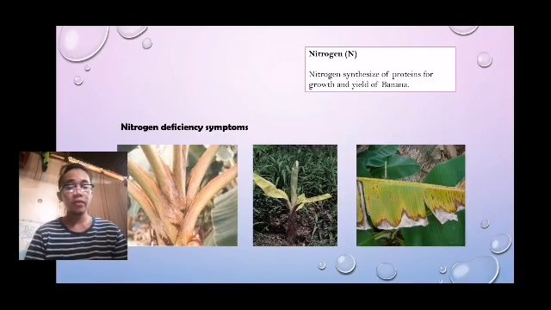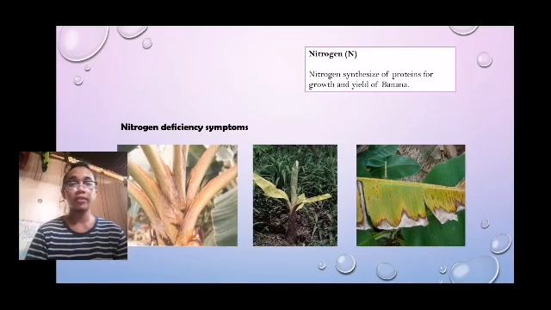So nitrogen is one of the primary nutrients absorbed by banana roots, preferably in form of nitrate ion. Nitrogen is a constituent of amino acids or amides, proteins, nucleic acids, nucleotides, and coenzymes, hexamine, and others. It is a chief promoter of growth.